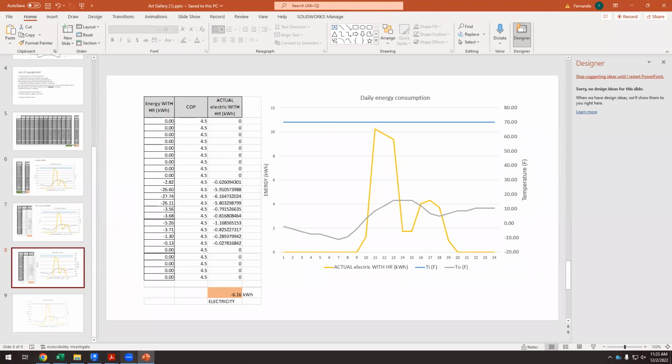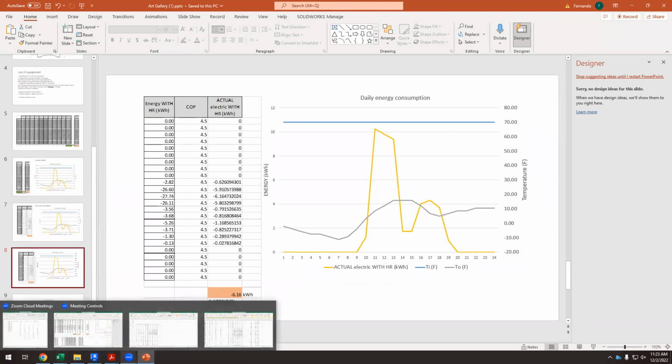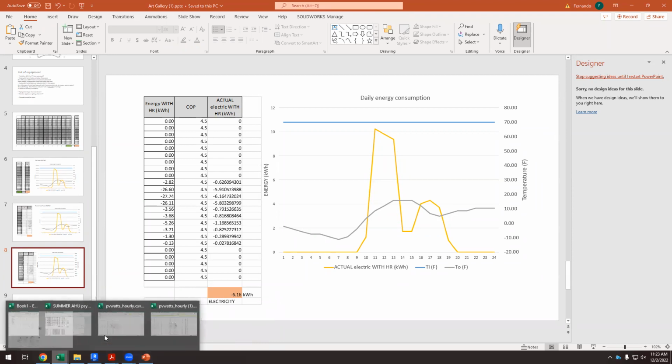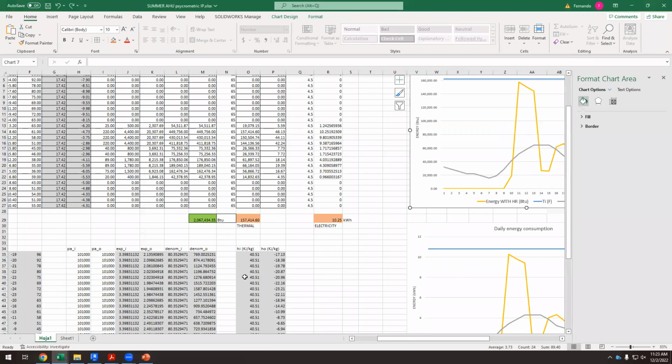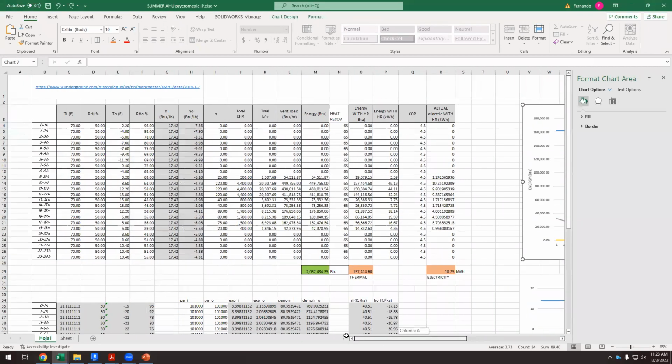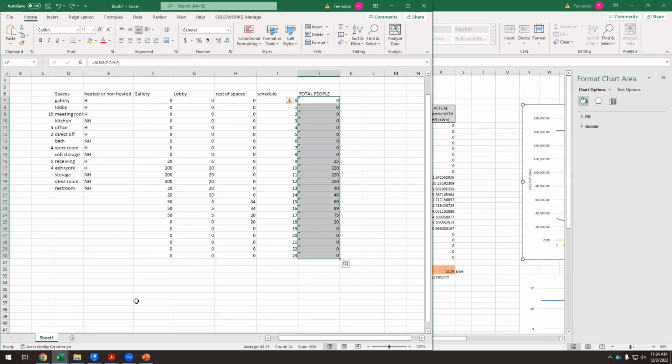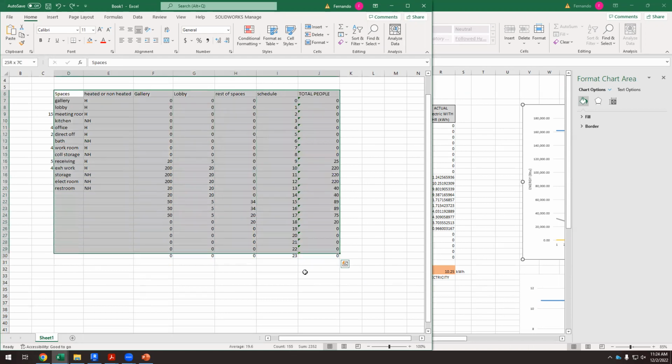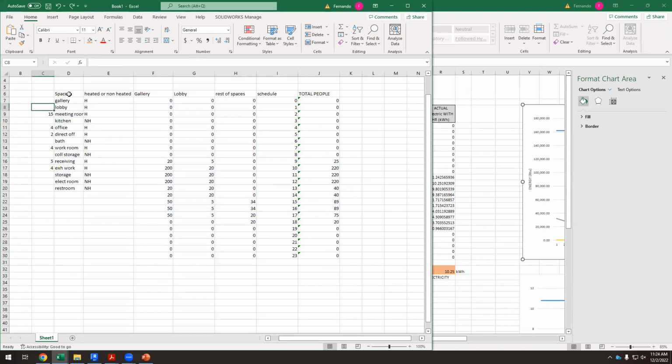Okay, so we are done with everything that is related to the calculations. We started defining, but everything starts here. So this is my building, and I need to come up with occupancy. I need to decide what spaces are heated or not heated.